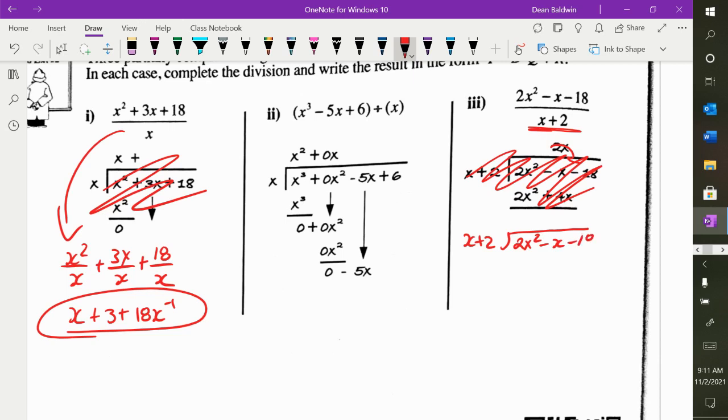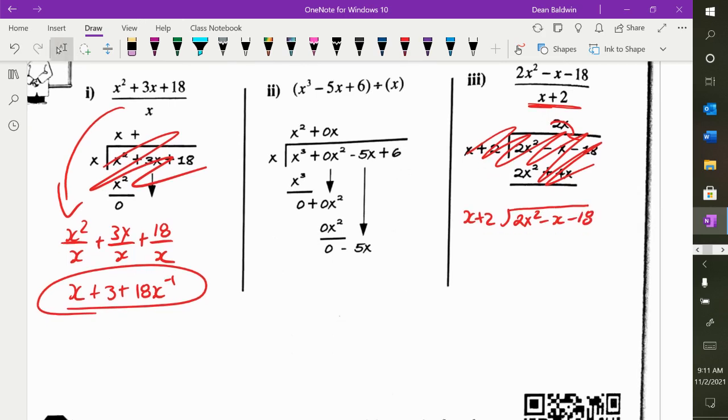Minus x minus 18. It's the same process as what you do with long division. You forget about this plus 2 for now, and you just ask yourself, what do I multiply x by to get 2x squared? 2x, exactly. So that's what goes up above there.